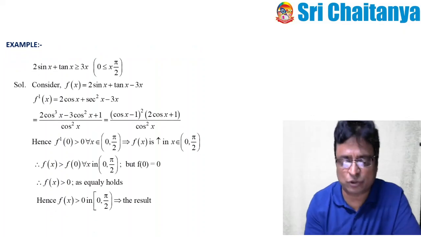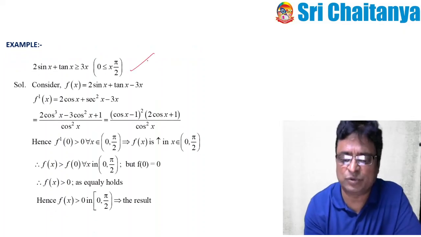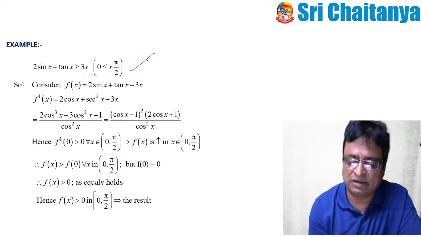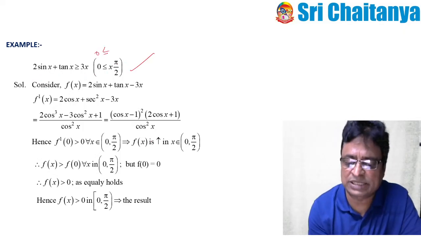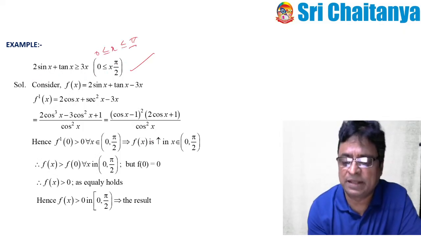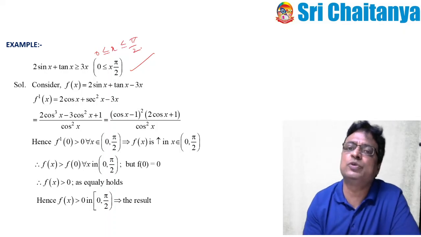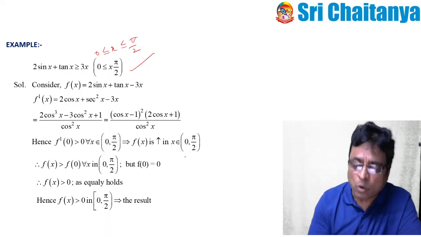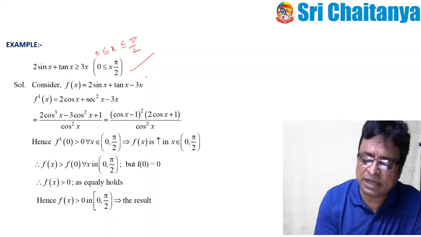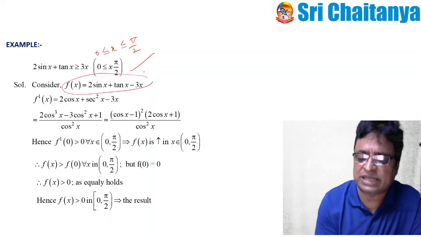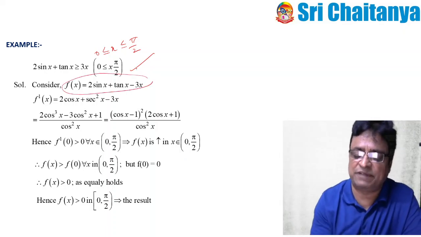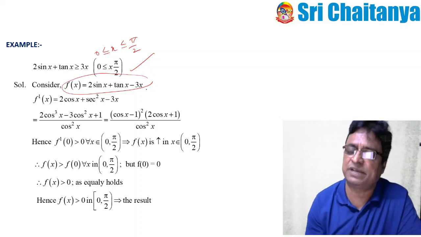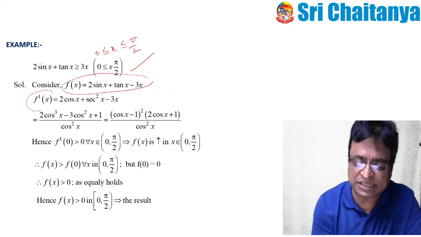Suppose you want to show whether this inequality holds good or not in the given interval, 0 less than or equal to x less than or equal to pi/2. Ordinary methods don't work for this kind of problem. What I am doing is taking 3x to the left-hand side and considering this as my f(x), and thereby I find its derivative.